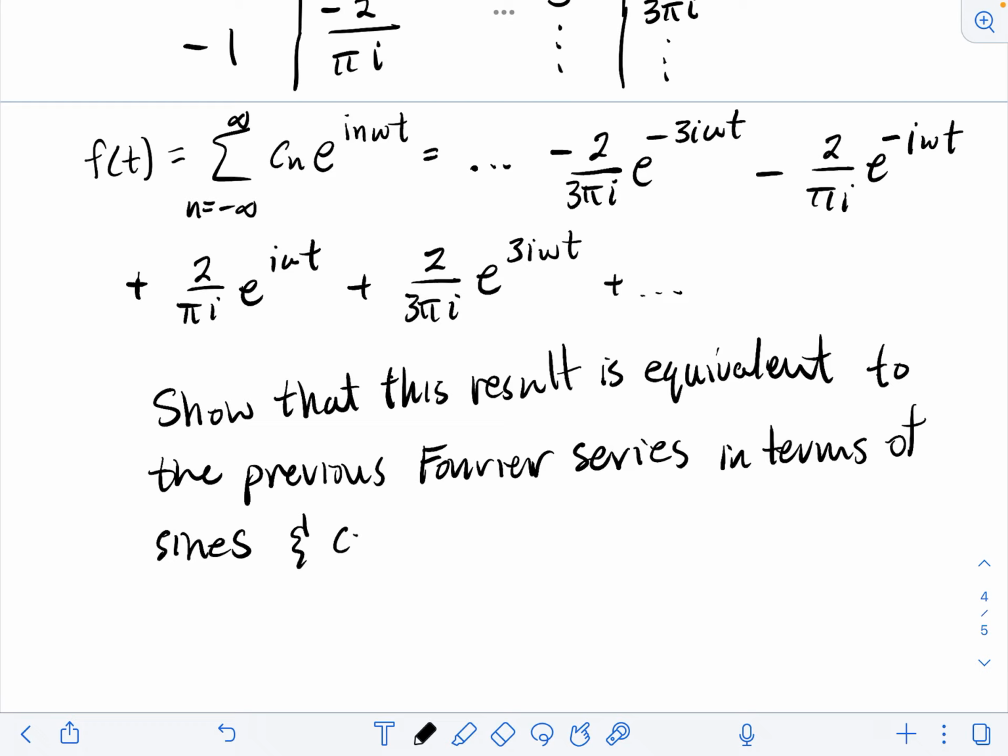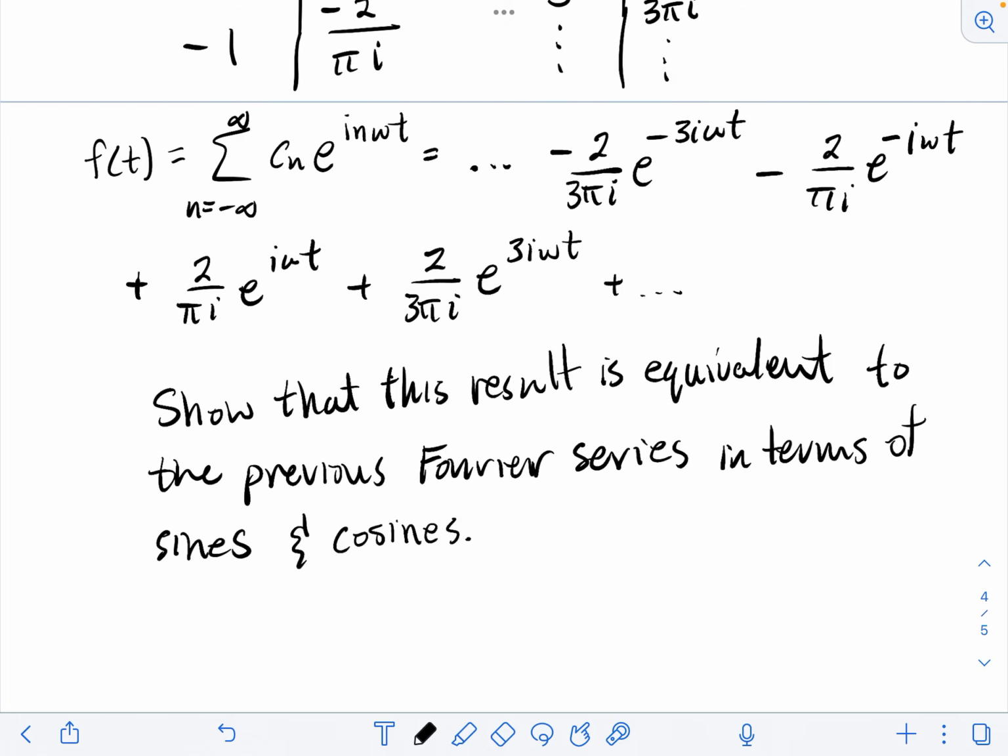So if you remember that Fourier series for the square wave, all the cosine terms were 0, so actually there were only sine terms left, and it was only the odd frequency sine terms. And so let's see how this works.